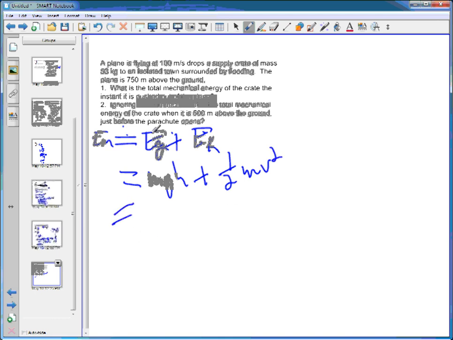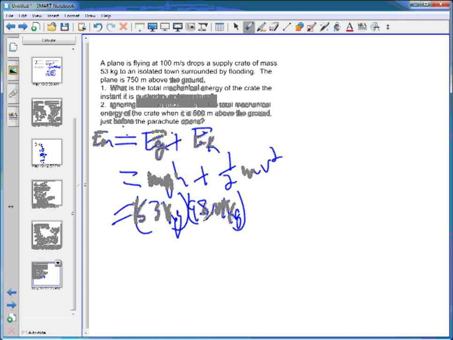Okay, its mass, 53 kilograms, times 9.8 newtons per kilogram, times a height of 750 meters, plus its kinetic energy, which is 1/2 mv squared, so 1/2 of 53 kilograms times velocity, it's traveling 100 meters per second.